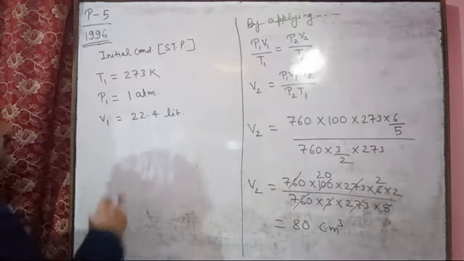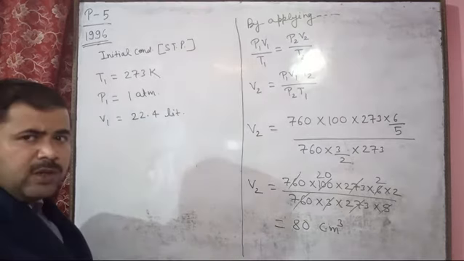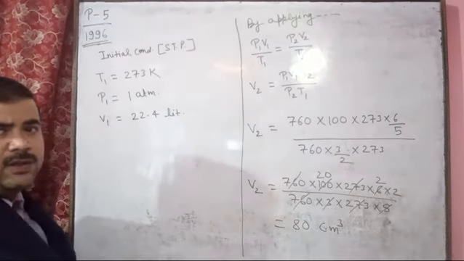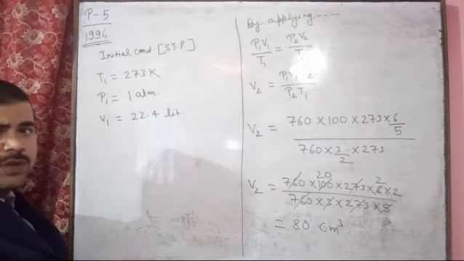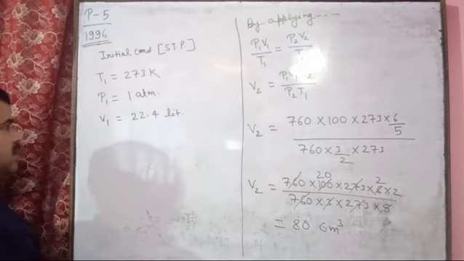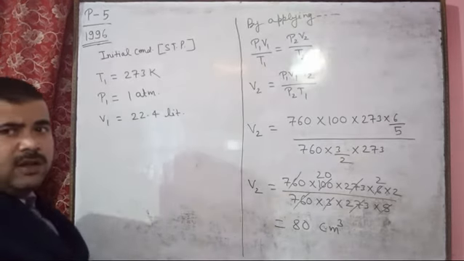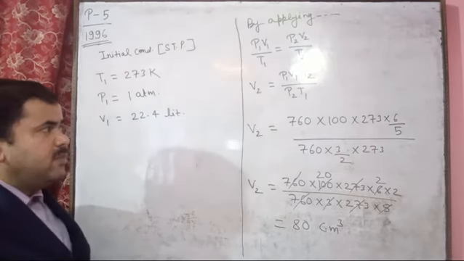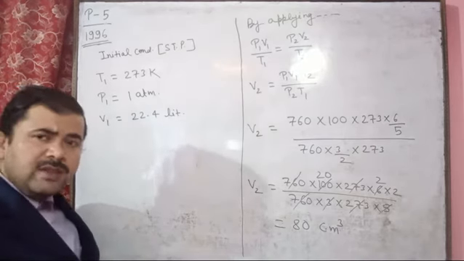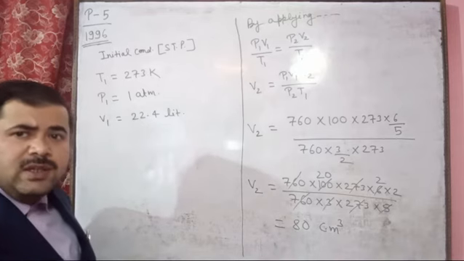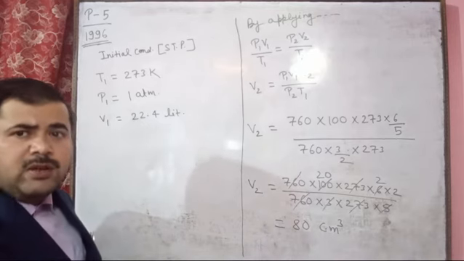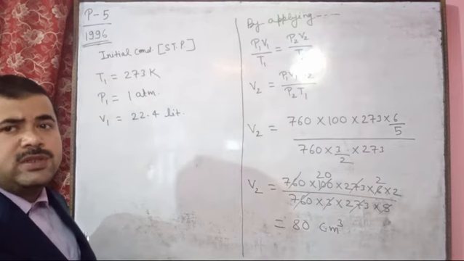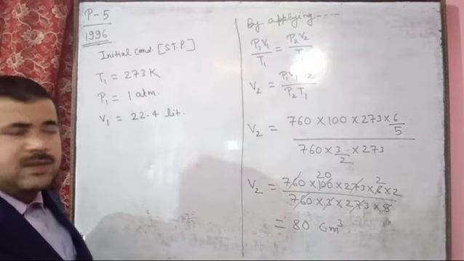1 mole means 6.022 × 10^23 particles. This is the number of gaseous molecules in 1 mole. So if we take 1 mole of gaseous molecules, it means 6.022 × 10^23 molecules or gaseous particles.